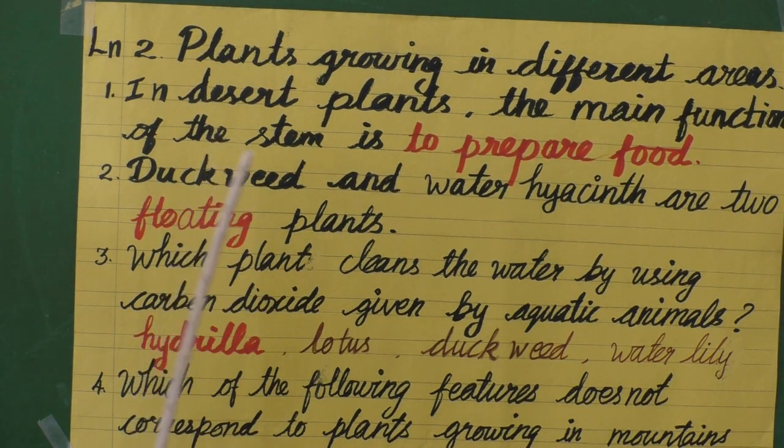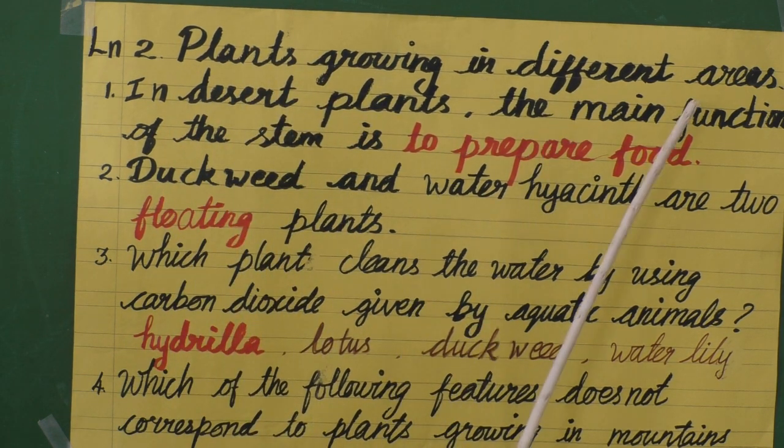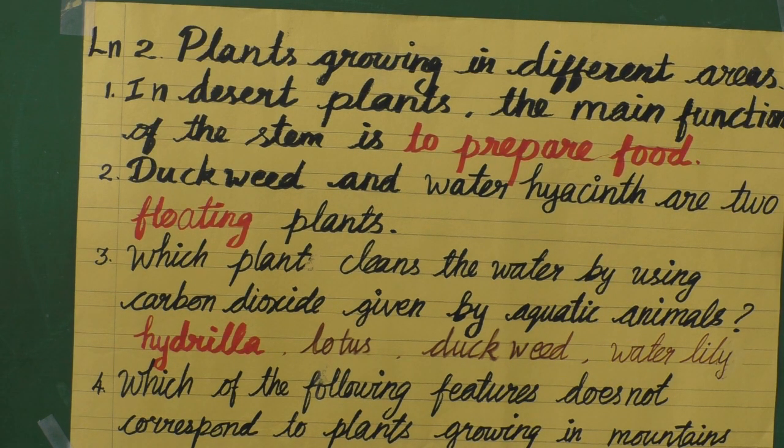So now we are going to revise the second lesson, plants growing in different areas. Here again, tick the right option only.